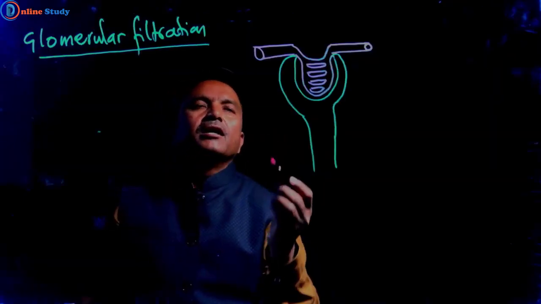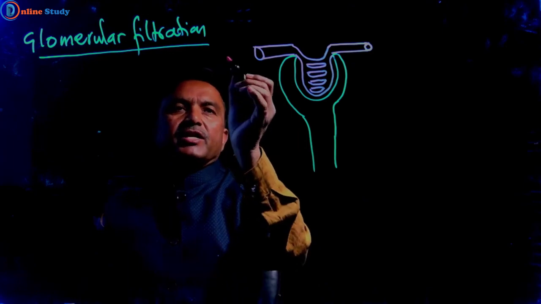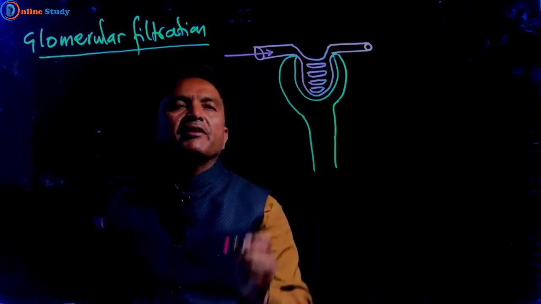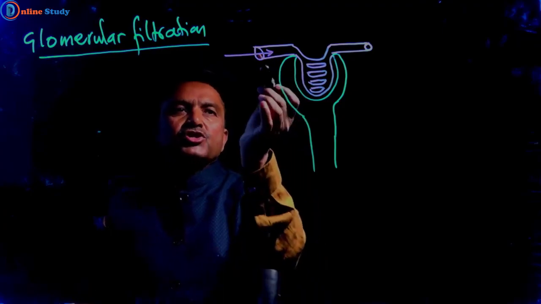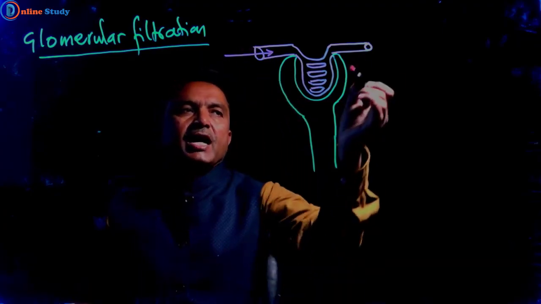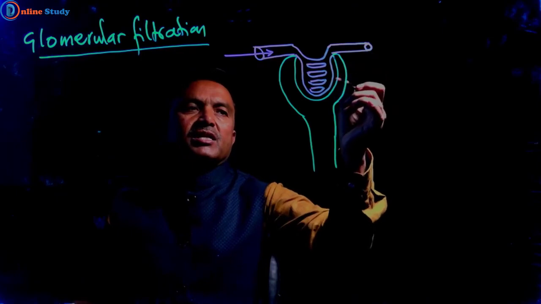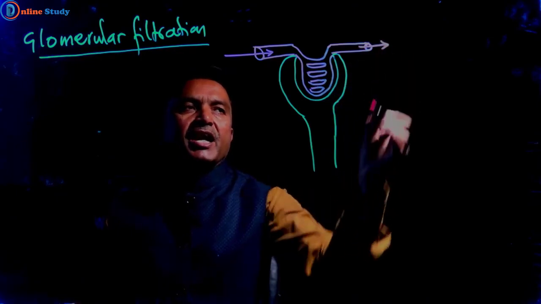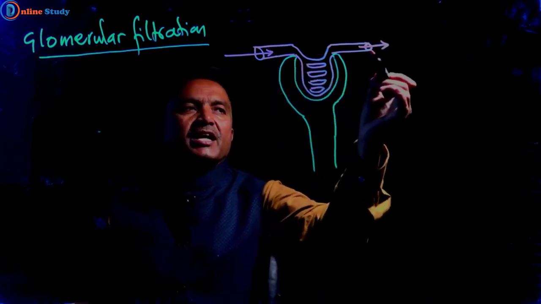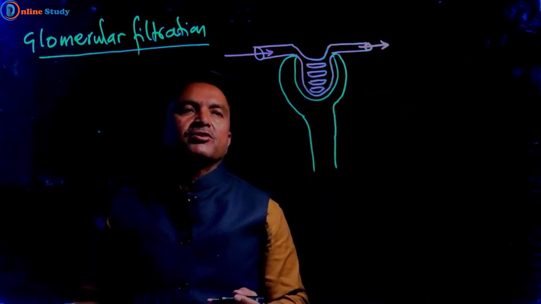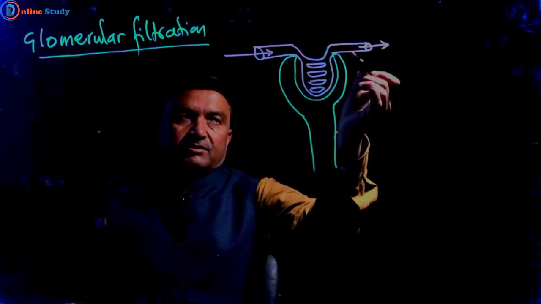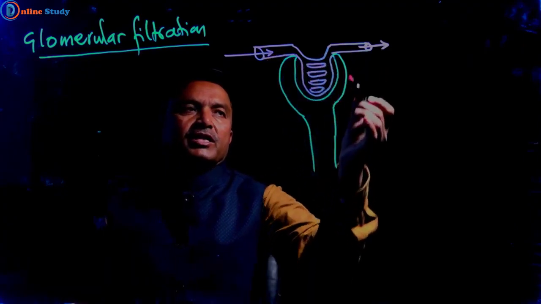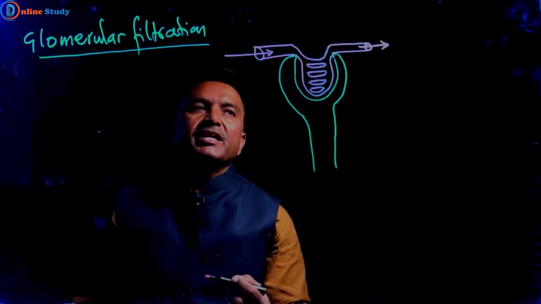We see here blood enters into Bowman's capsule through afferent arteriole, and blood leaves the glomerulus through efferent arteriole. Now the diameter of afferent arteriole is more than the diameter of efferent arteriole.